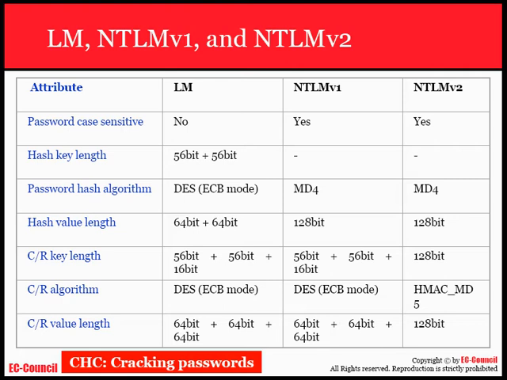For instance, with LAN Manager, passwords are not case sensitive, which automatically reduces the complexity of the password and makes it that much easier for me to crack or hack. Now with NTLM, yes, I introduced password case sensitivity, so it made it a little bit tougher. But each of them, again, had their different weaknesses. So basically, once I identify what technique has been used to hash or encrypt that password, then I know what my parameters are, and I can figure out how much effort it's going to take to crack that password.